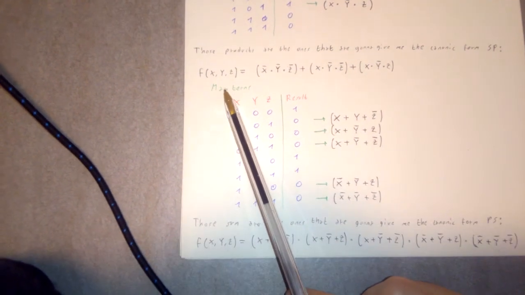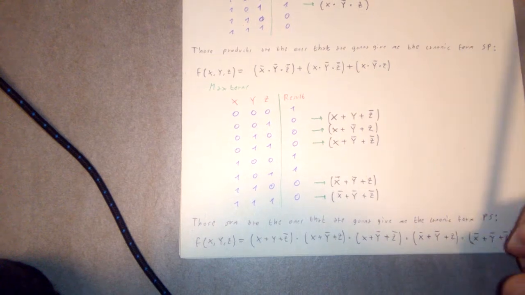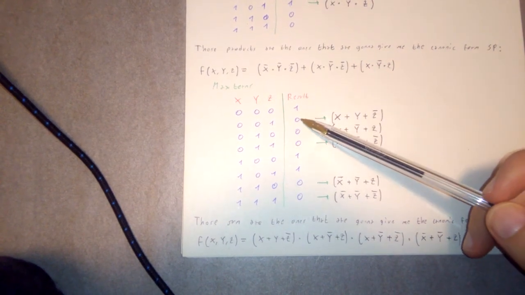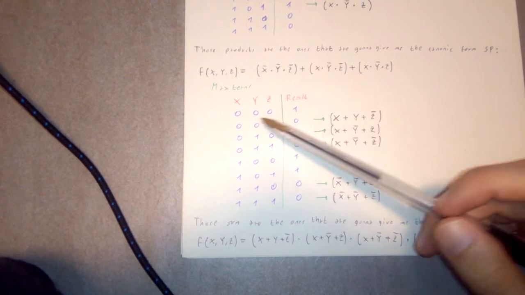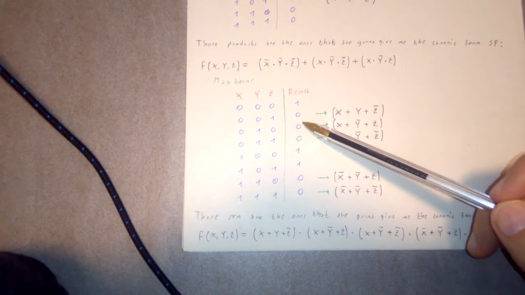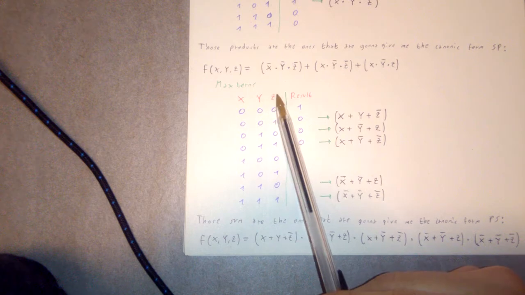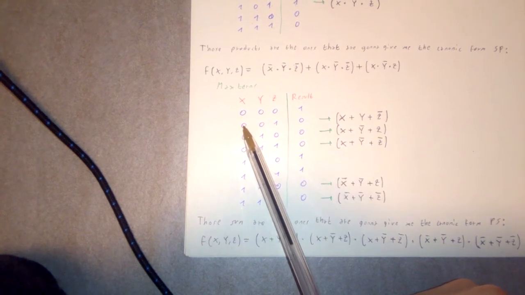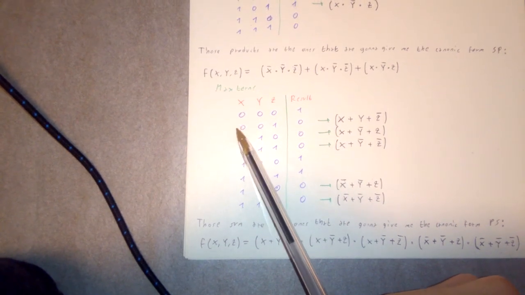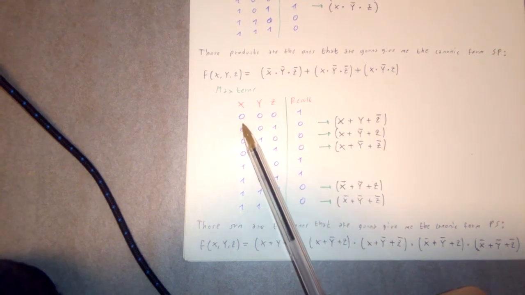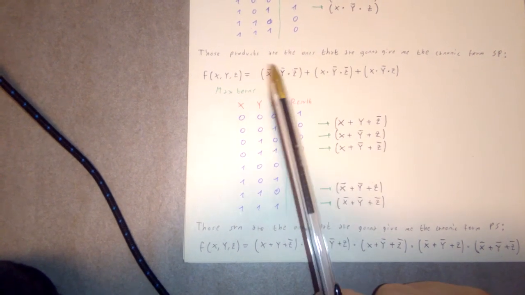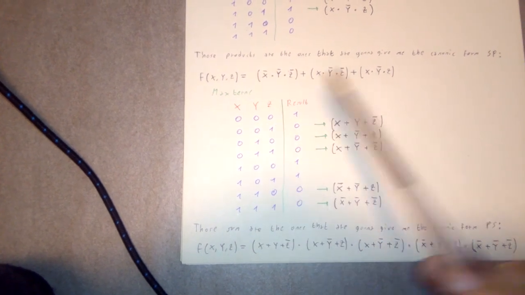In the same way, you can do that with the Maxterm. In this case, you're only going to be interested in the entries that give you 0 as a result. And you're going to check whether x, y, and z are actually 0. If they are, then you write x, y, and z. If they're not, you write their complement, so not x, not y, not z.